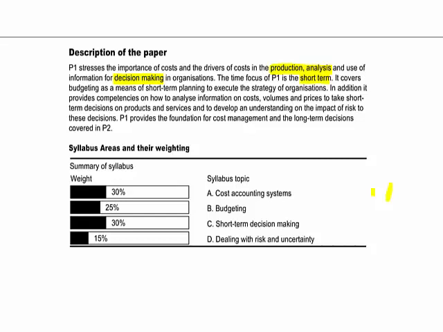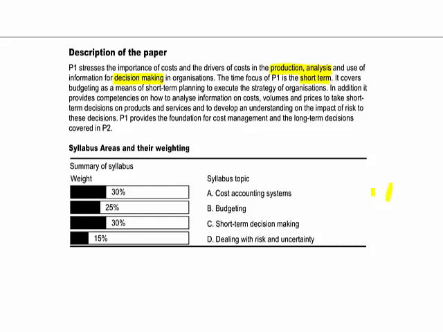So if we think about a large global organisation, and I'm sure you can think of loads of different organisations, but if we take one like Apple, they will be collecting and collating information which they can use to develop their strategy to ensure that they stay as the market leader in sales of tablets and phones.